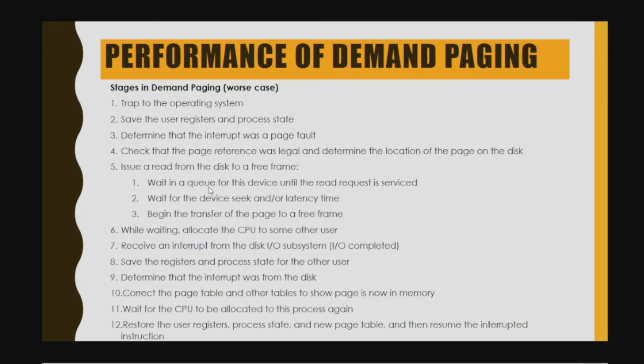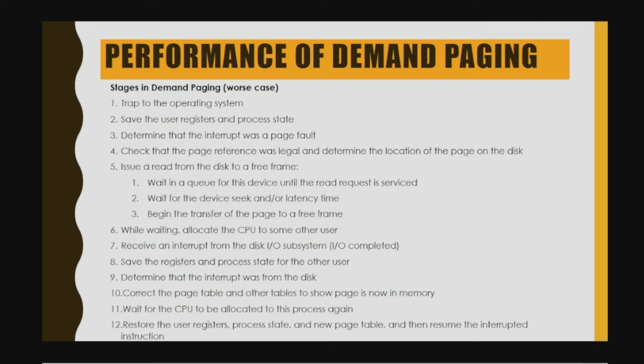Based on that, first, wait in a queue for this device until the read request is serviced. Second, wait for the device seek and latency time. Number 3, begin the transfer of the page to a free frame. In this one, we have issued a read from the disk to a free frame. Then we continue with number 6: while waiting, allocate the CPU to some other user, so we can utilize the CPU.